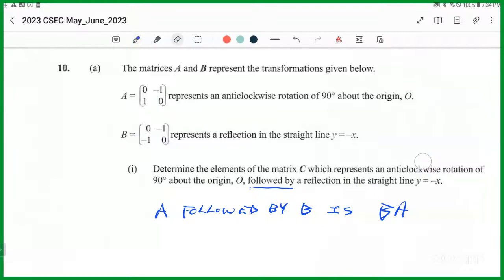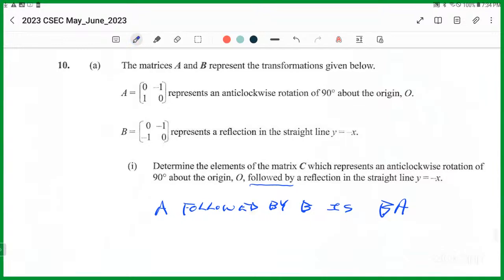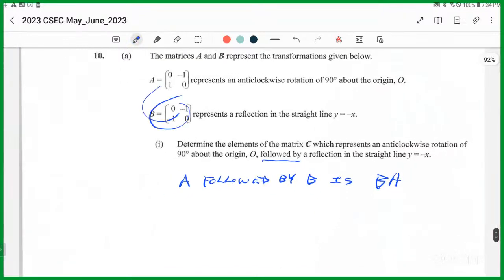Things like this you don't give away. A followed by B is BA. You multiply the second one by the first one. If you multiply them in the wrong order, you'll get the wrong answer, because matrix multiplication is non-commutative.